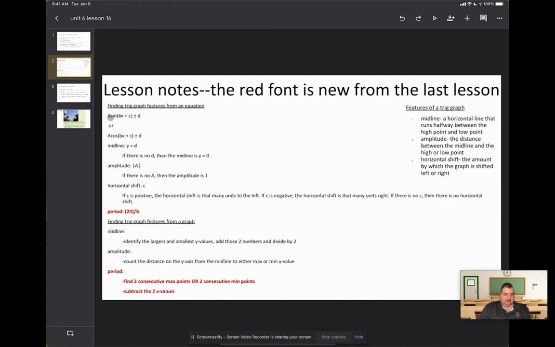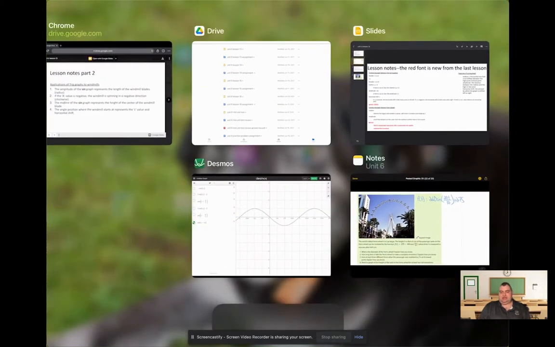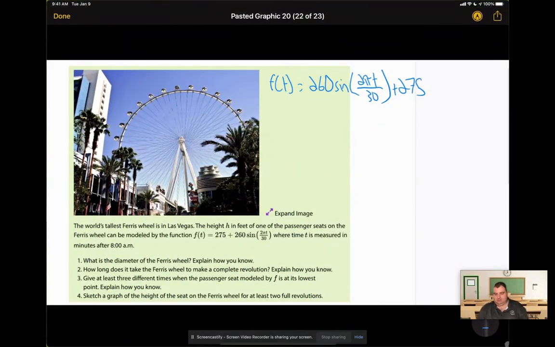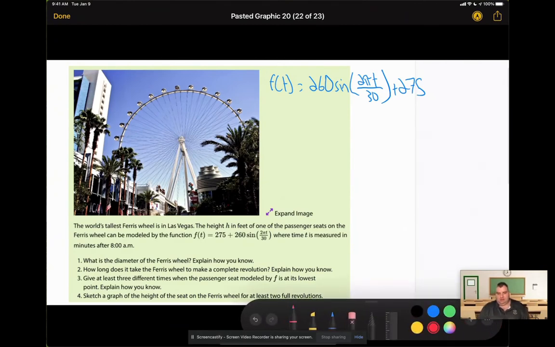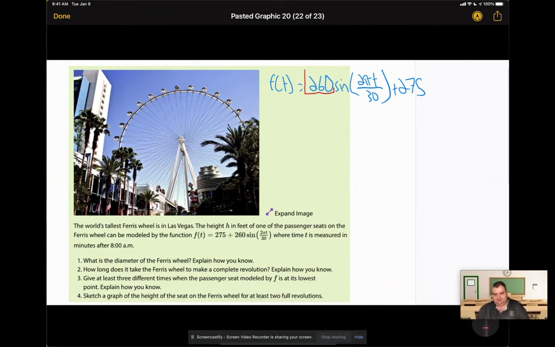We look at the absolute value of the a value, the number that's being multiplied by sine. So in this case, the number that's being multiplied by sine is the 260. So that tells me that the radius of the Ferris wheel is 260 feet.